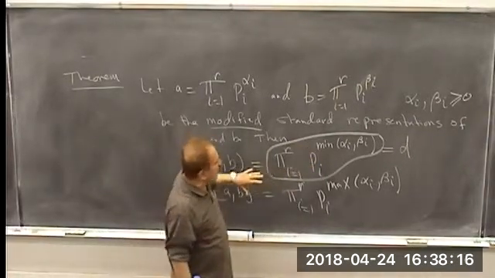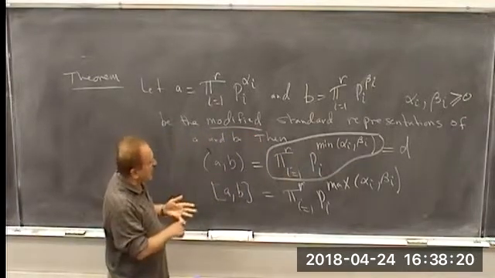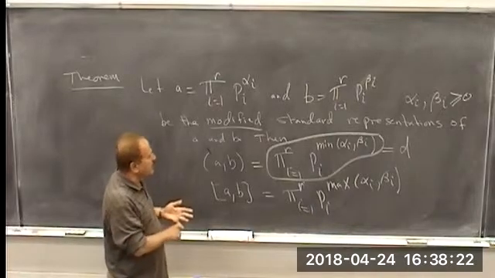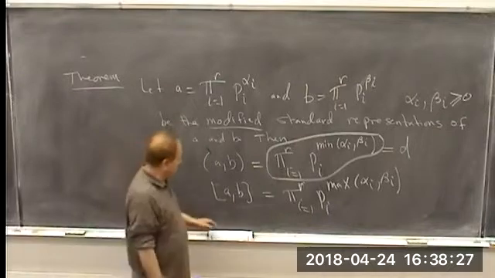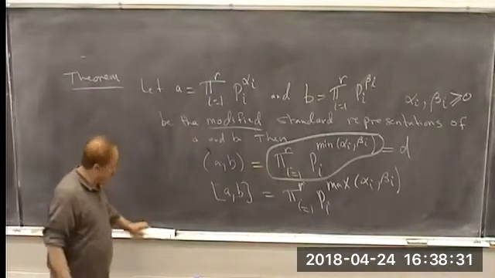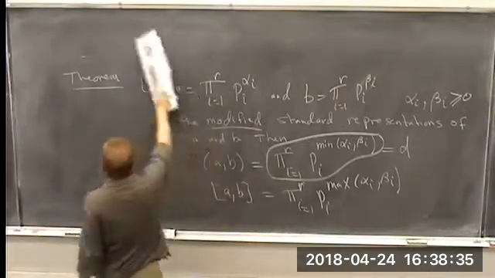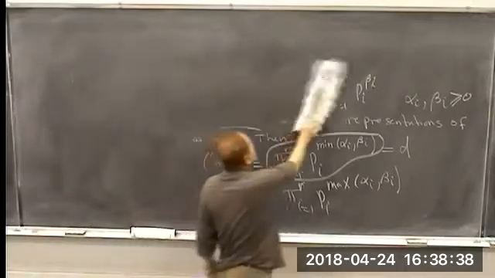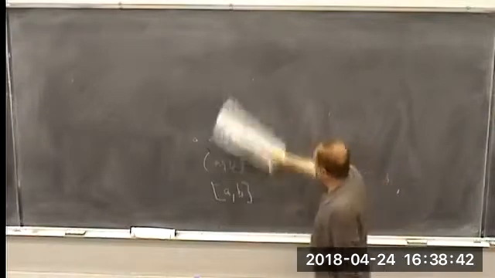So what I'm going to do is name this D and show that D is a common divisor of A and B. And if there is another common divisor, then it would divide D. So let's do this.